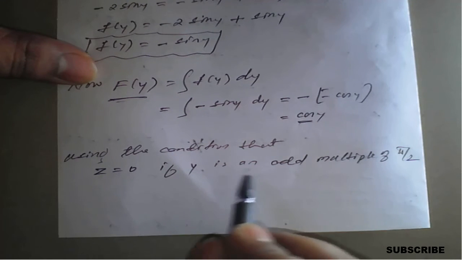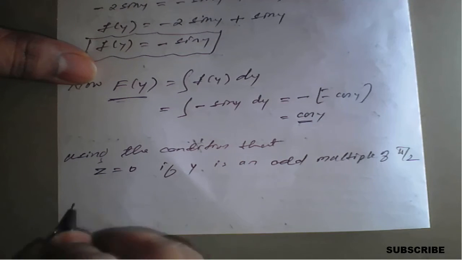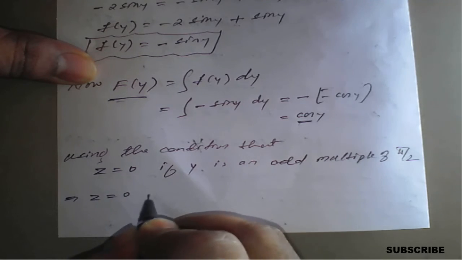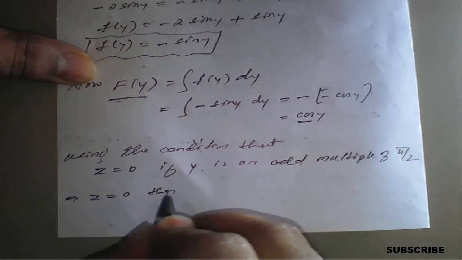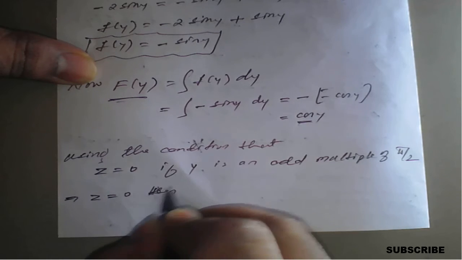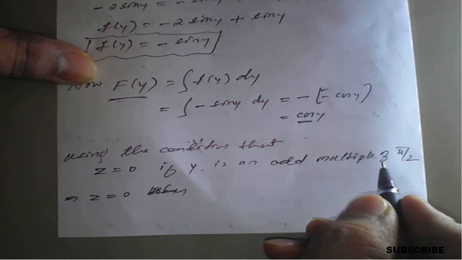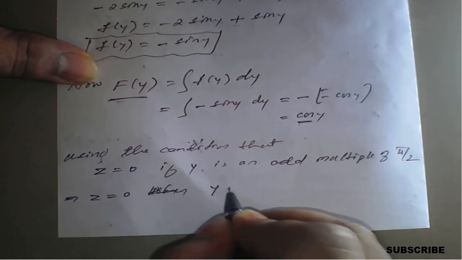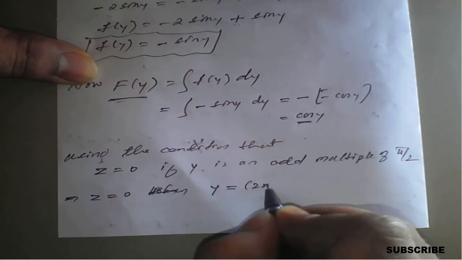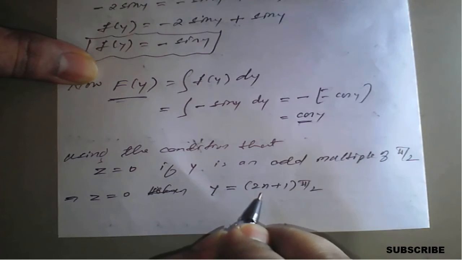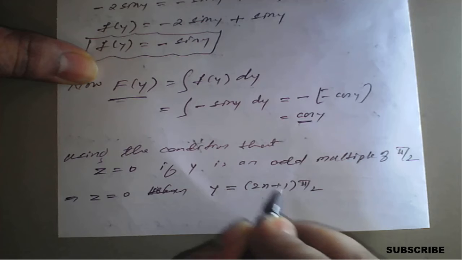So when z is 0, y is an odd multiple of pi by 2, which can be written as the value of y is equal to 2n plus 1 of pi by 2.